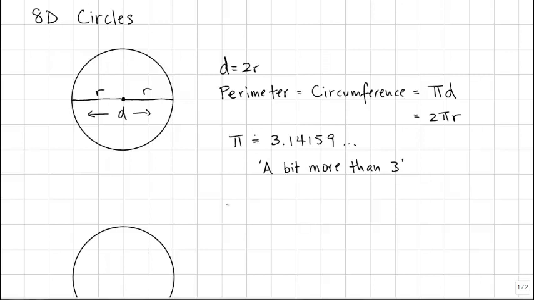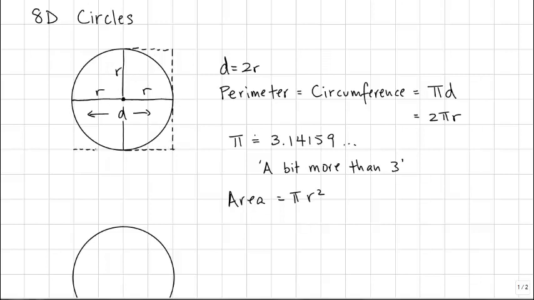Now, the area of a circle is pi times the radius squared. And if you go back to that circle we just had and you imagine drawing in 2 more radii, you can actually think of creating a bounding square, and each of the quarters of this square has an area of r times r, or r squared.